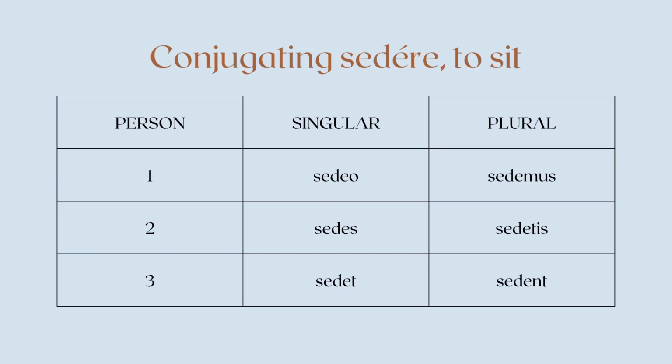So you can see here -o, -s, -t, -mus, -tis, -nt, preceded by the E, and that gives us sedeo, sedes, sedet, sedemus, sedetis, sedent. I sit, thou sittest, he, she, or it sits, we sit, you sit, they sit.